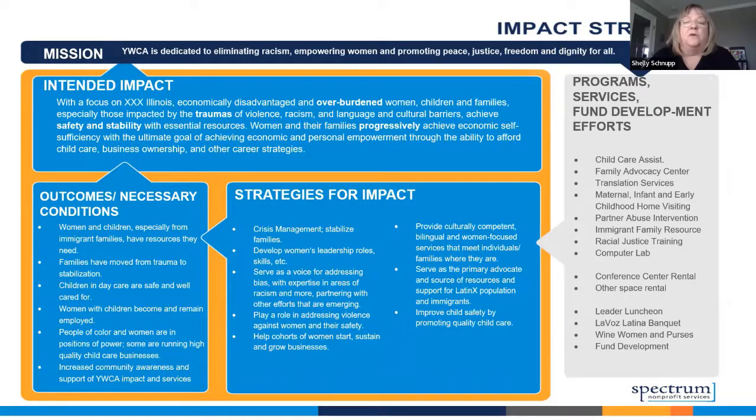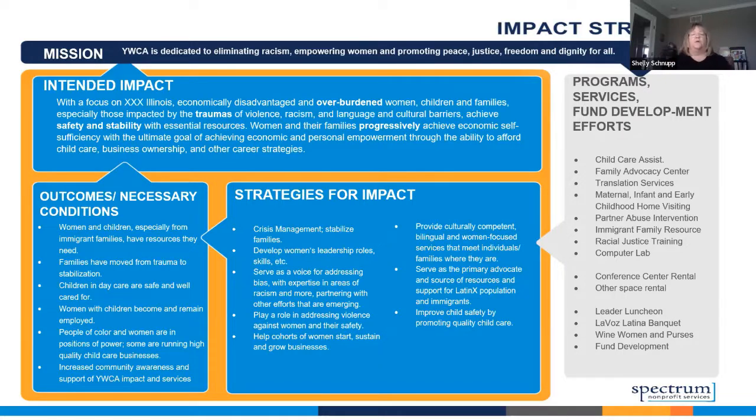So when we come to programs and services, they're designed to be carried out in ways that address those strategies. We don't just provide any kind of childcare assistance. We do so keeping in mind our strategies for impact. And you'll also notice here with the programs, services, and fund development efforts, you'll see them in 3 different sections.